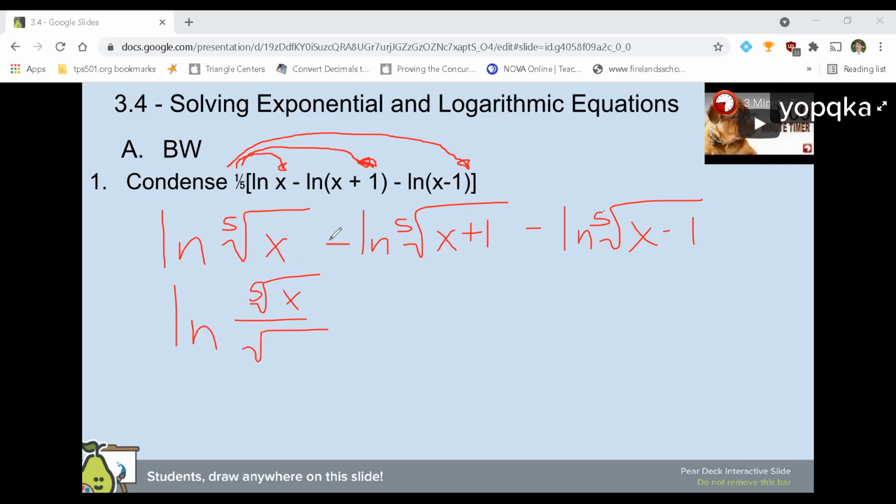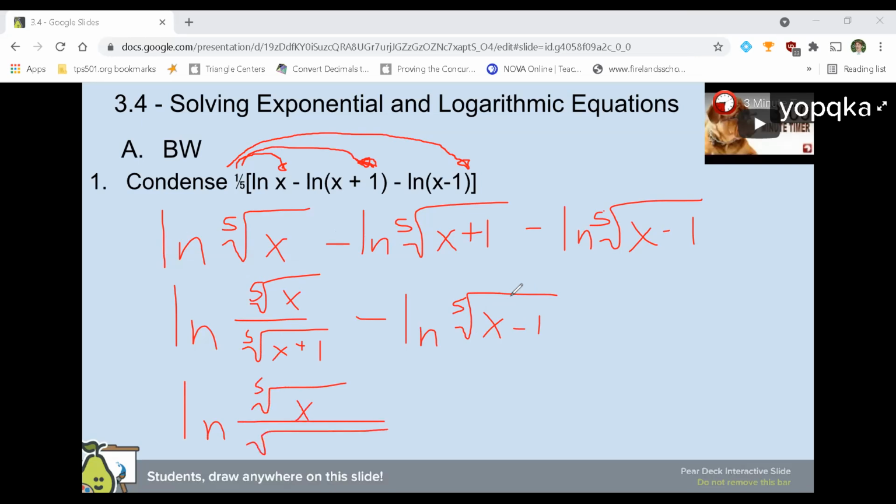And then in the denominator. And then we have another minus. So then this term will also go in the denominator. So we're just going to do that one more time, again putting that in the denominator.